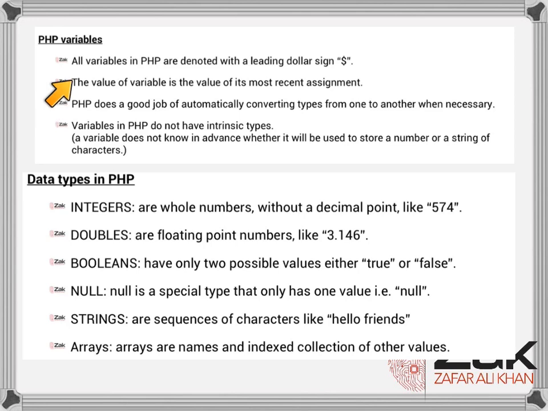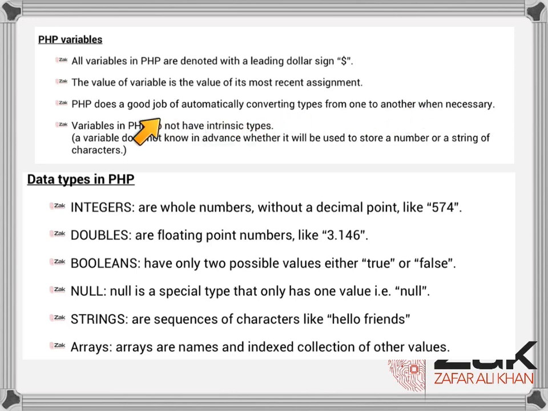Now, PHP variables. All variables in PHP are denoted with a leading $ sign. The value of the variable is the value of its most recent assignment, meaning whatever value you have given to it in the end is the value held in that particular variable. PHP does a good job of automatically converting types from one to another.